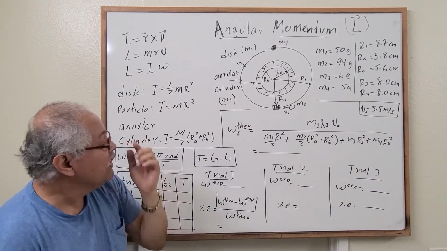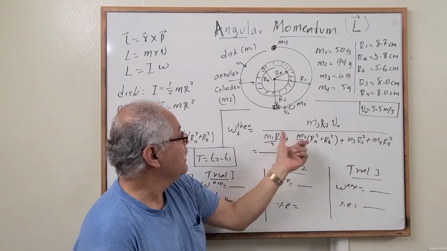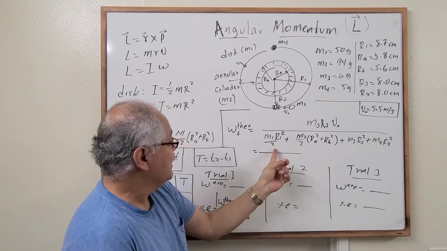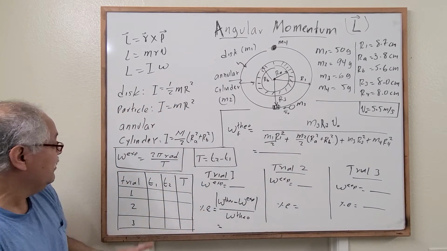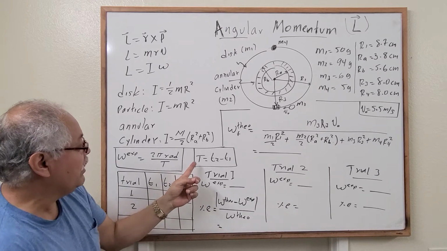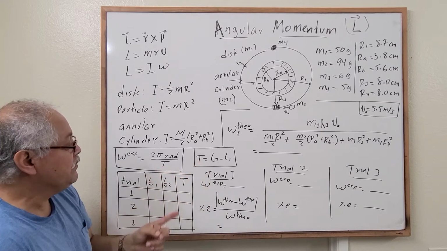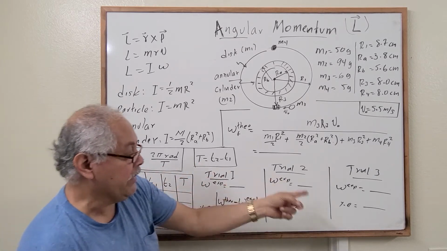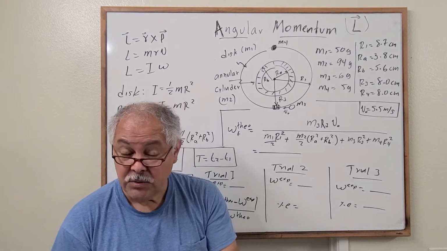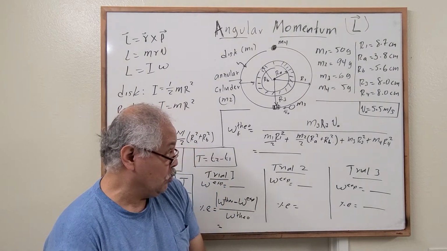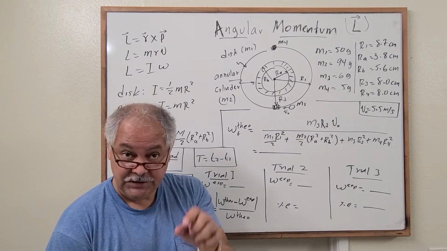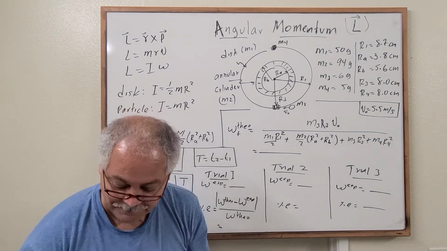Correct. So let's substitute the values in the theoretical formula and compare that value with the experimental, once we substitute the period in each trial. Okay, let me show you now how to work with this experiment. See you in a bit.